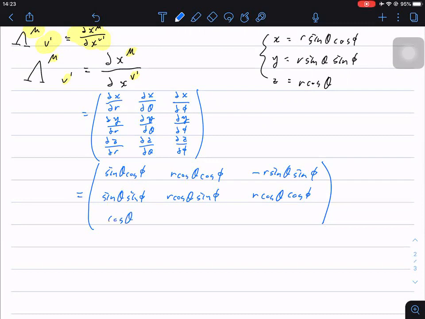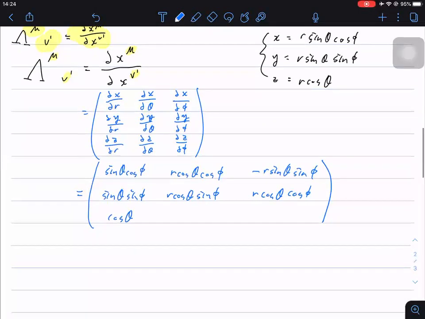And for the third row, just the same calculation, and 0 here. R sine theta cosine phi, which term? Oh, I see. Thanks. Yeah, this should be sine theta here.